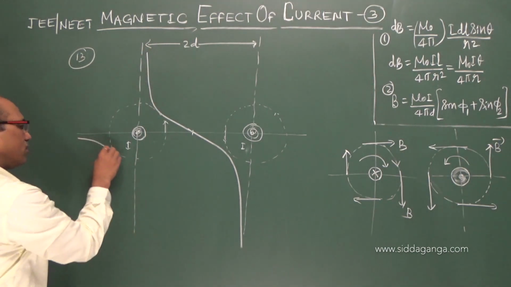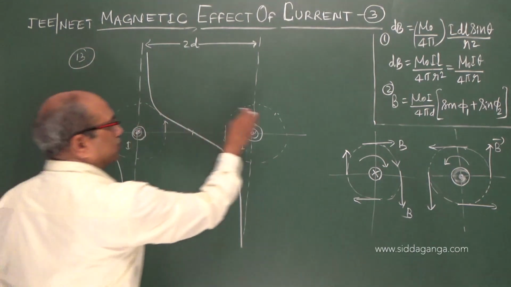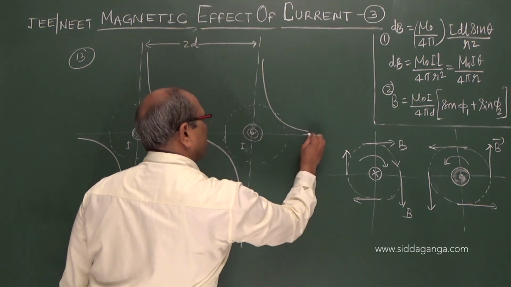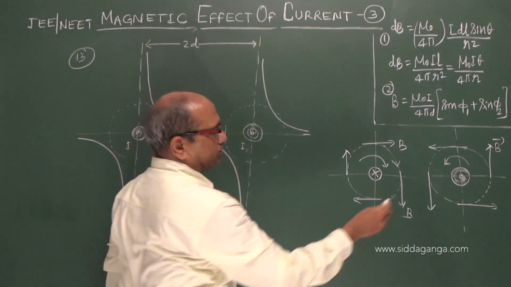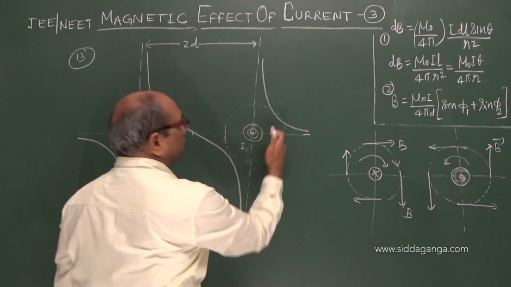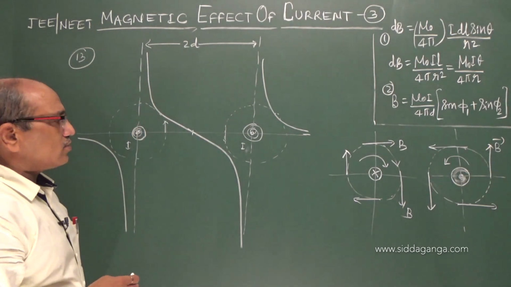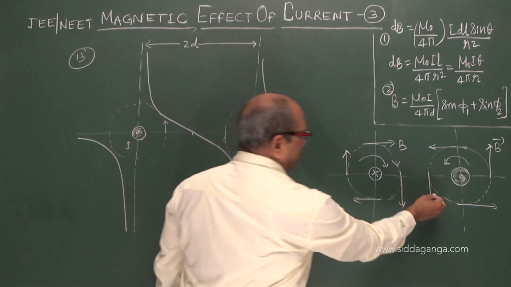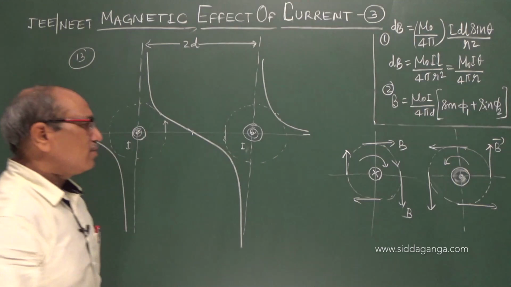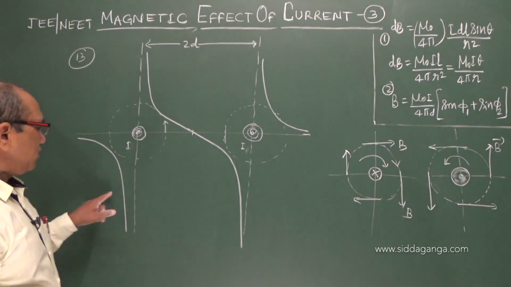So the field has to shoot up in the first quadrant, increases here also in the first quadrant, and should decrease in the fourth quadrant. Observe that decrease here.